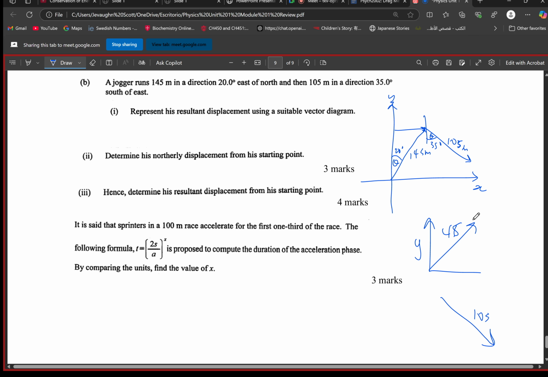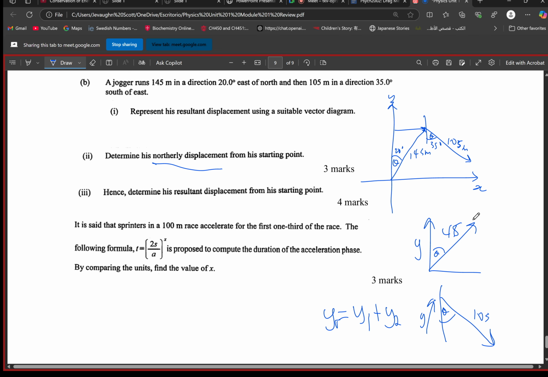Let's look at the thetas, and then we'll also be looking at that y component. The ultimate northerly displacement that we're looking at is not really y r per se, but complete y, which is equal to y1 plus y2.